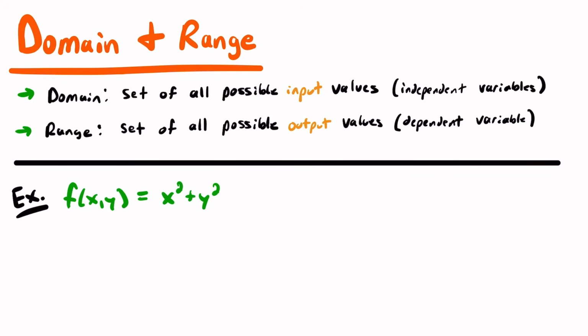You still want to be on the lookout for the same things. And so thinking about that for this function, well, there's no restrictions, right? You can plug anything in for x and anything in for y. You're just going to be squaring those values and adding them together. So really the domain here, or the set of all possible input values for the independent variables, will be everything, all real numbers. Okay, so there's no restrictions here.